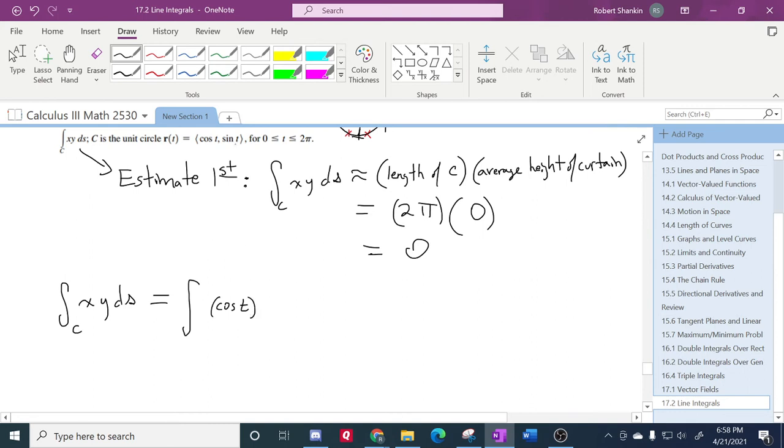The y, we know what to replace that with: sine of t. The ds is going to be this, and the c is, now what do we do for the c?